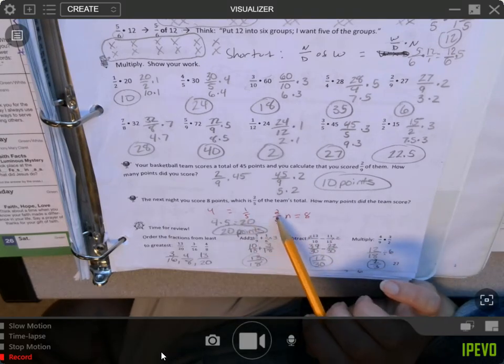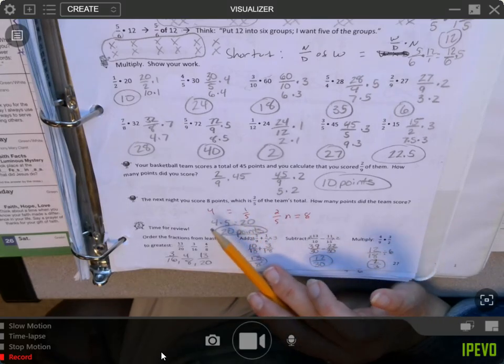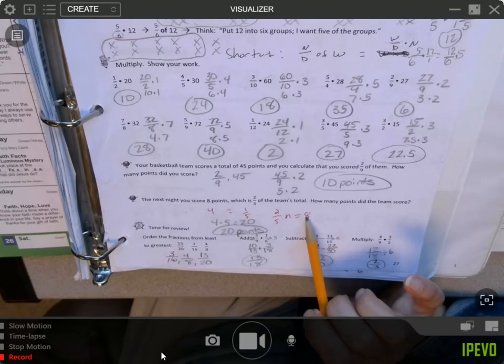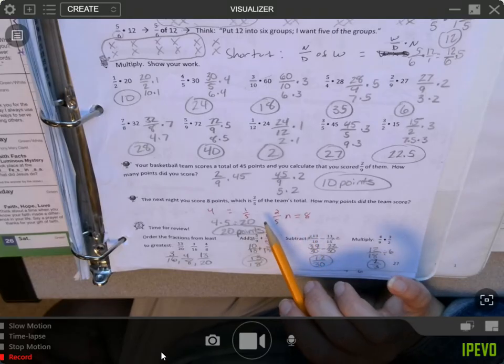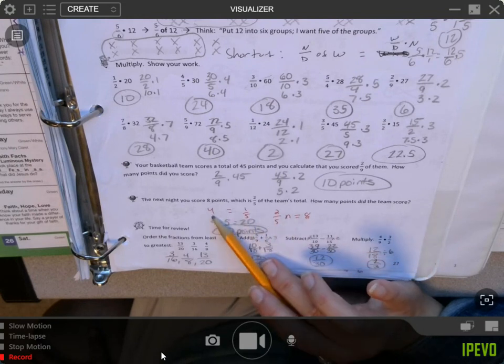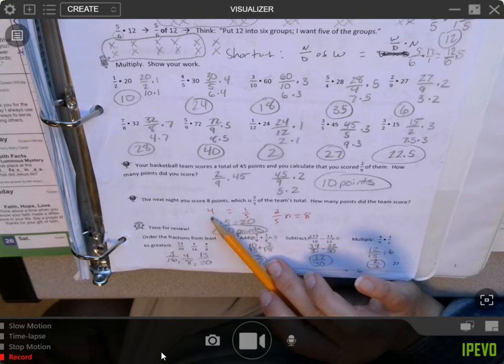So if we have the 2/5 of 8, would be saying that 1/5 would be 4, because this was 8. So this would be 4.